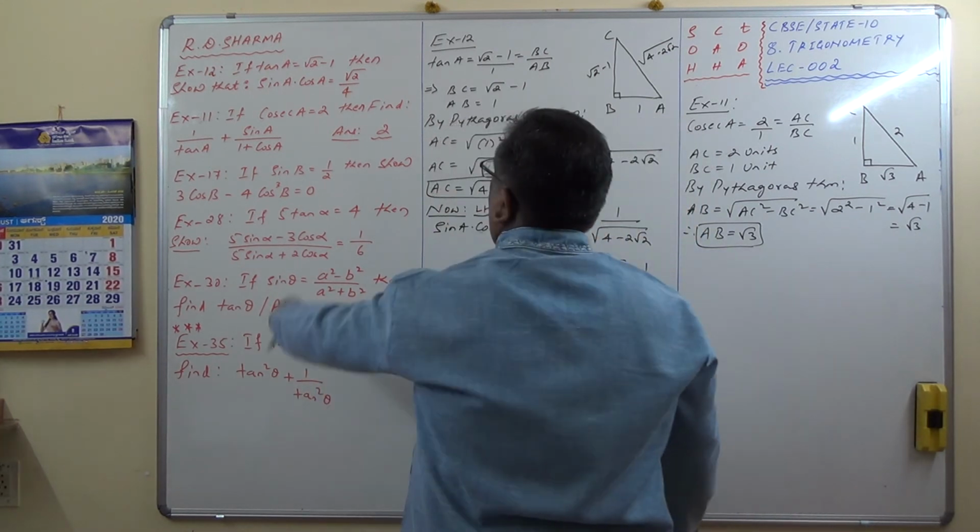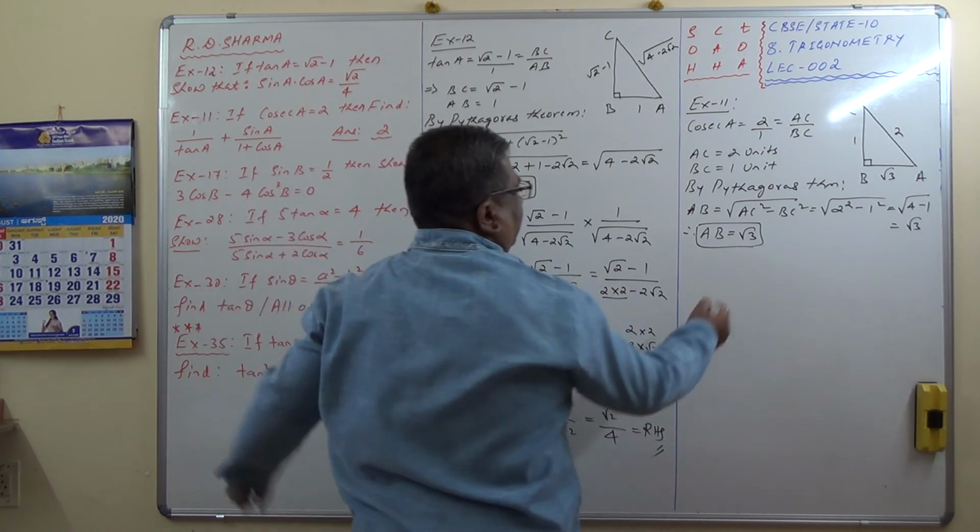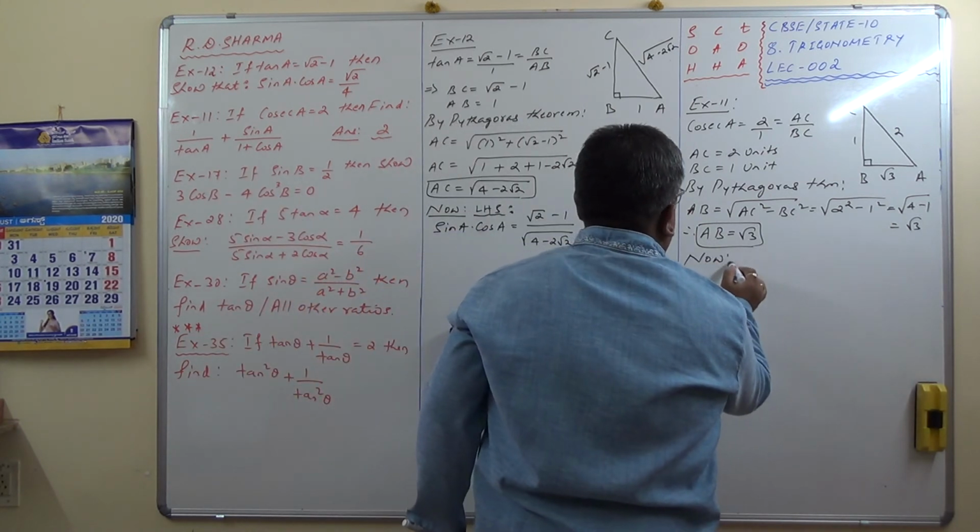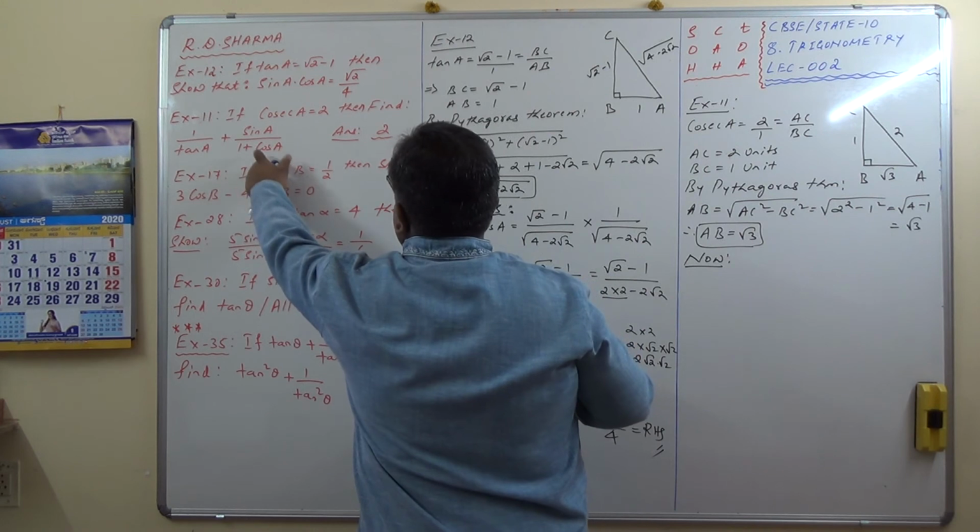Now let us find out what is that, 1 by tan A. So now, evaluate this one.